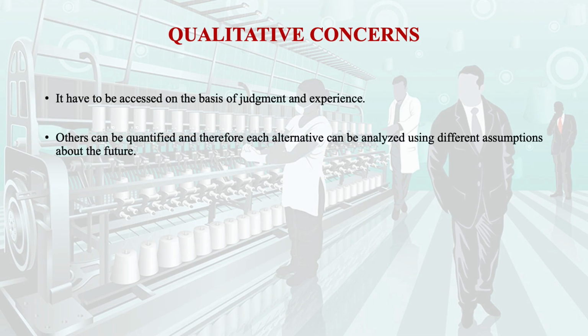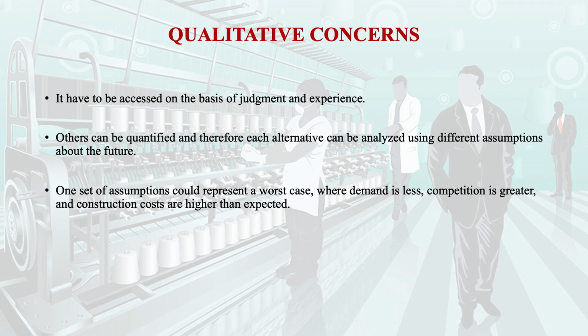Other factors can be quantified, and therefore each alternative can be analyzed using different assumptions about the future. One important assumption represents a worst case where the demand is less but the competition is more.